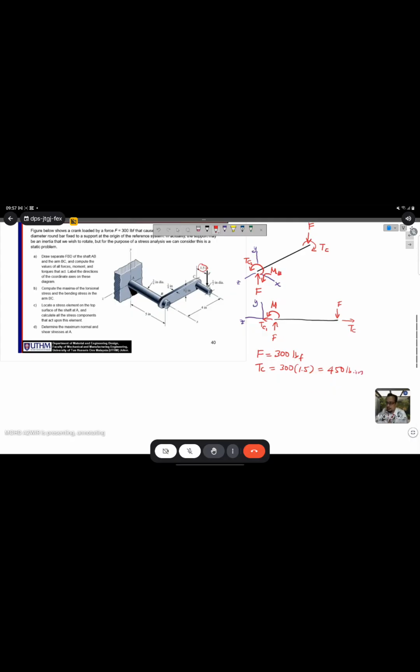And then the moment at B is equal to the force times the distance from here, which is 4 inch. So F, 300, times 4, which is 1200 pounds inch.